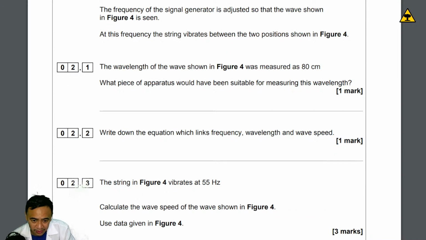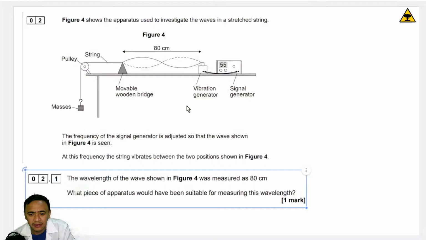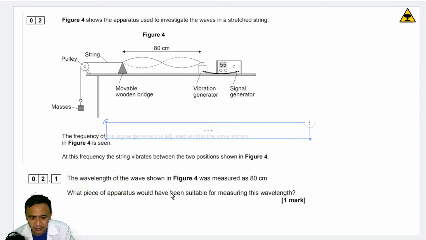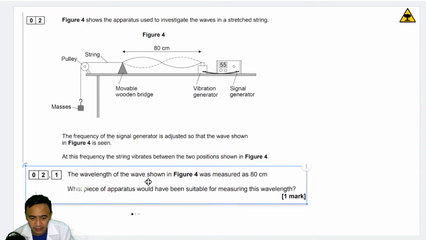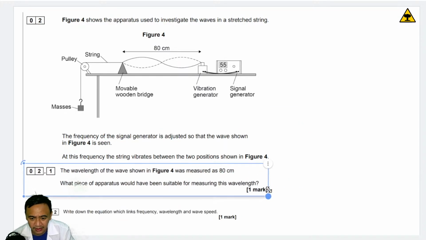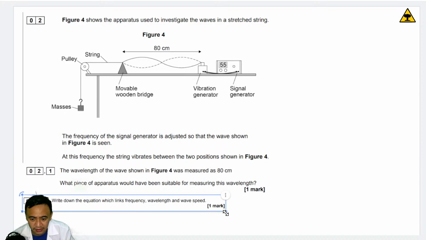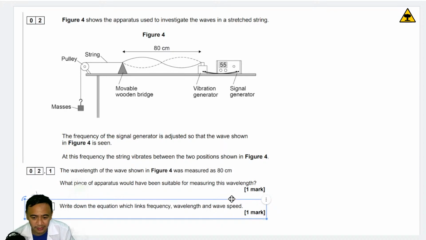And then this next one, write down the equation that links frequency, wavelength, and wave speed. Wave speed equals frequency times wavelength. Correct. Okay, so this is speed equals frequency times wavelength.